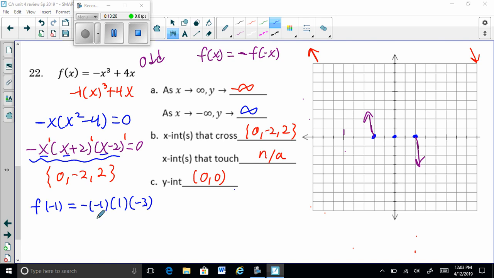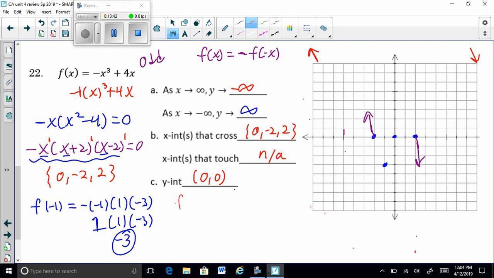Now, if you multiply this together, you'll get a +1 here. And you still have 1, and then you have times -3. So if you multiply that all together, it's just -3. Now, since it's an odd function, I can tell you right now that when I plug in 1, I'm going to get +3. But I'll go ahead and plug it in so we can see it.